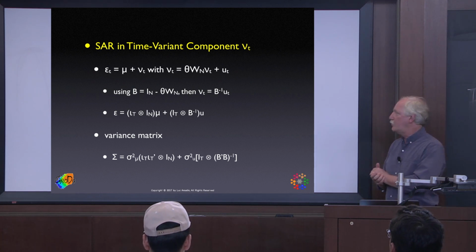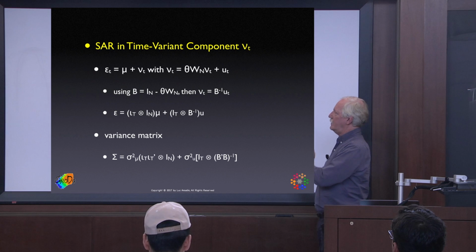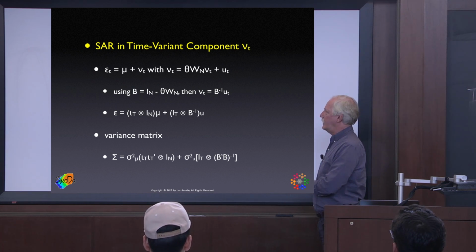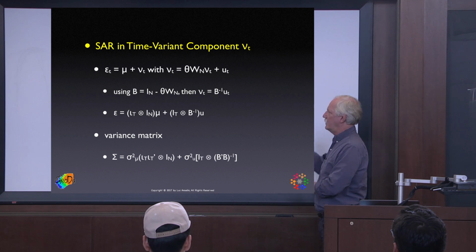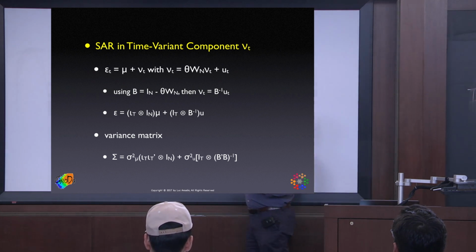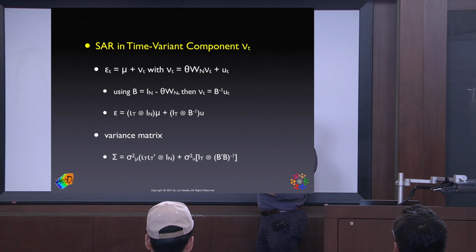So the first one, we start with the error term: the within random effect, the remaining time varying random effect, and then we have the usual spatial autoregressive process in the time varying random effect, right? And here's our B as a simplifying notation.